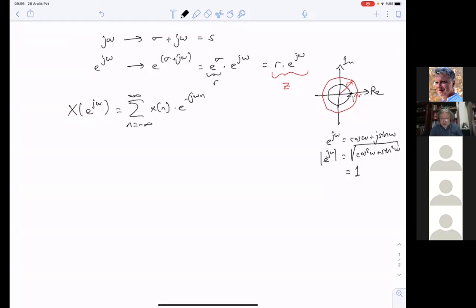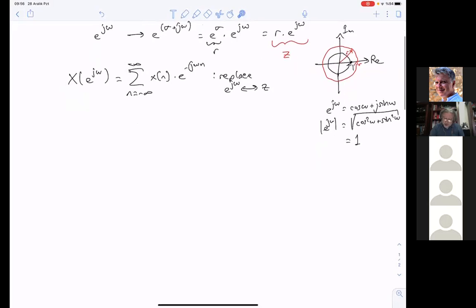Now the z transform is the replacement of e to the j omega with z. So we will replace e to the j omega with z. Where is e to the j omega in this expression? E to the j omega is here, but it is e to the minus j omega. And it is e to the minus j omega times n.